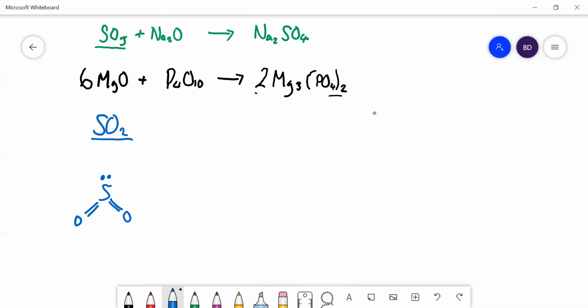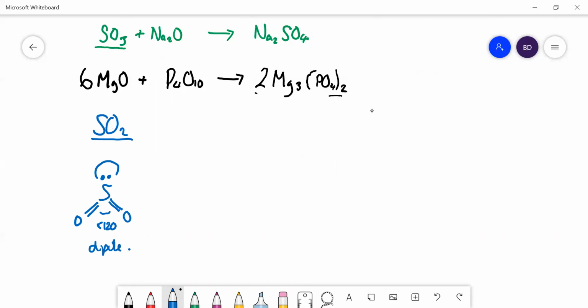There are 3 pairs, which would give you trigonal planar, but the lone pair would give more repulsion, so the bond angle there would be slightly less than 120.